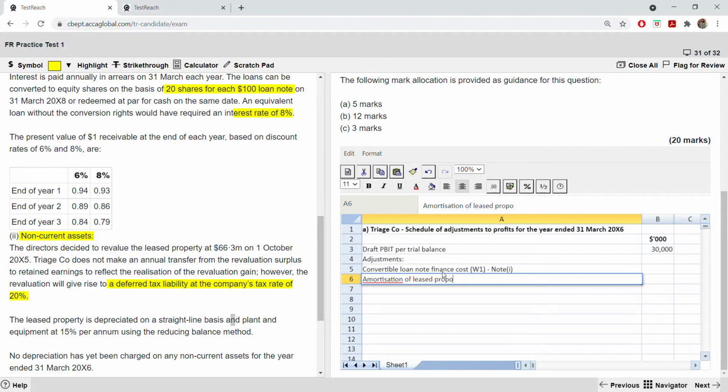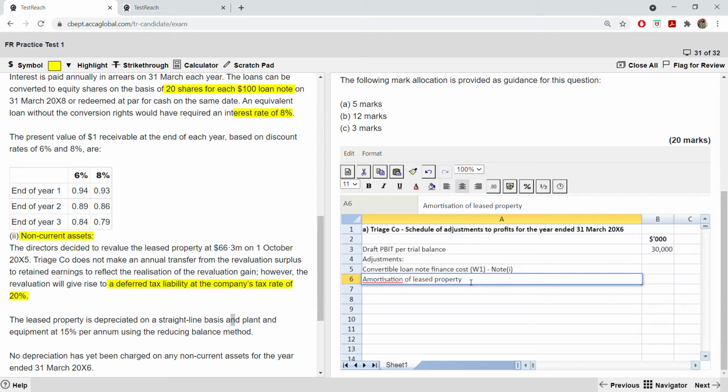Next is amortization of leased property. You need to mention the asset because there are two assets: one is plant and equipment, the other one is leased assets. You don't have an option where you click and get the correct answer. Here you need to erase everything and rewrite it. Correct your spellings, and don't make too many spelling mistakes. But for this video, you can just ignore my spelling mistakes, because if I start correcting, it will take a lot of time and I don't want to waste your time.